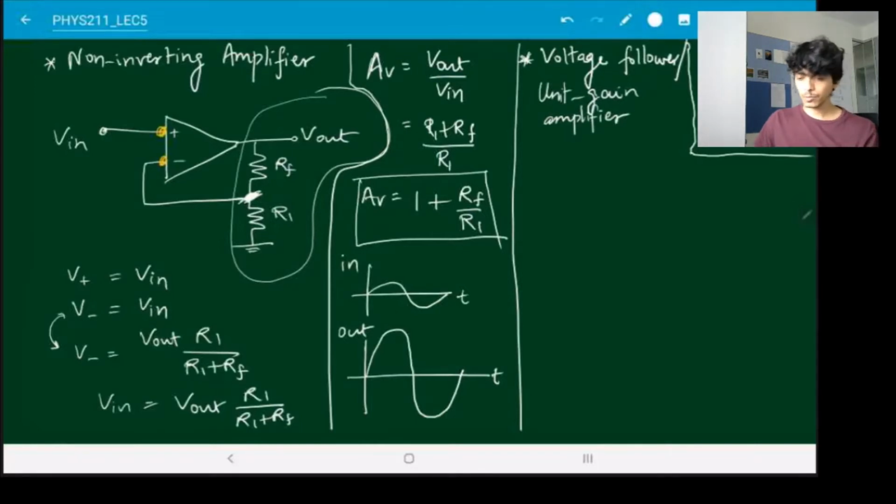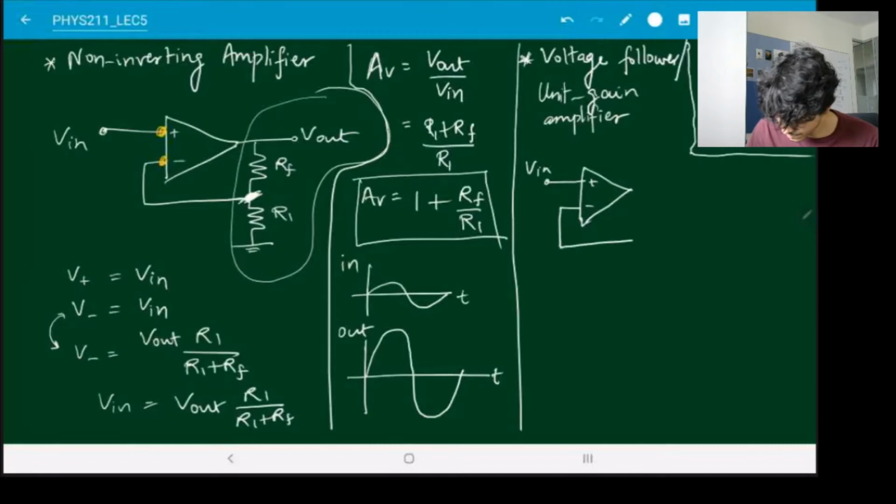The circuit is very similar to what we drew for the non-inverting amplifier. Input comes here. That's it. As simple as that.